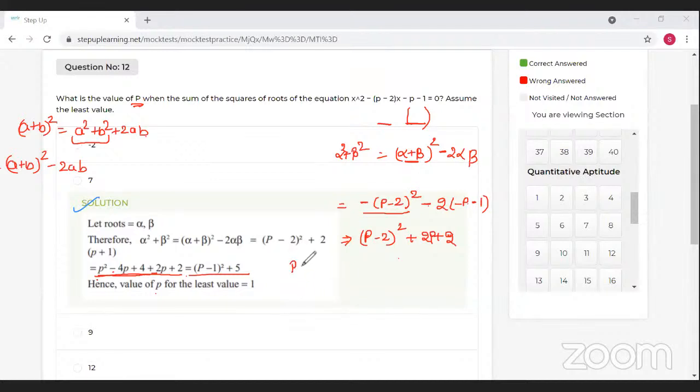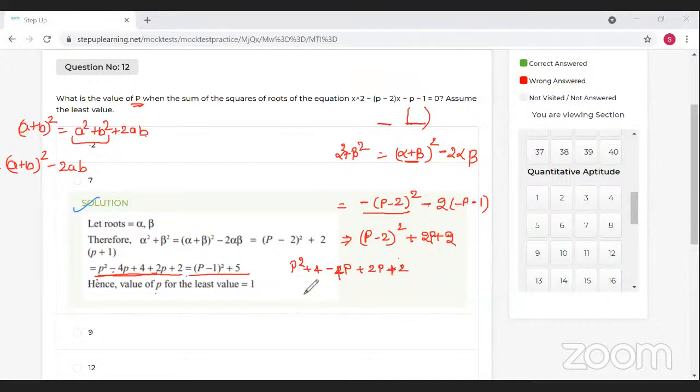(p minus 2) whole square will be p square plus 4 minus 4p, right? Then this is plus 2p plus 2.